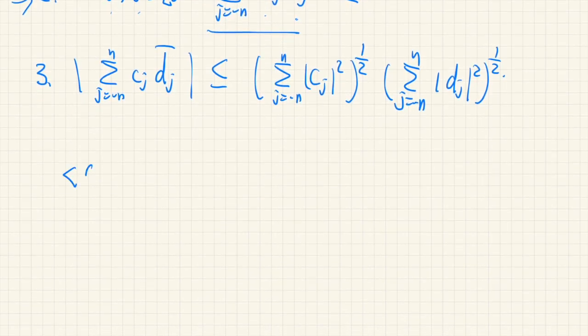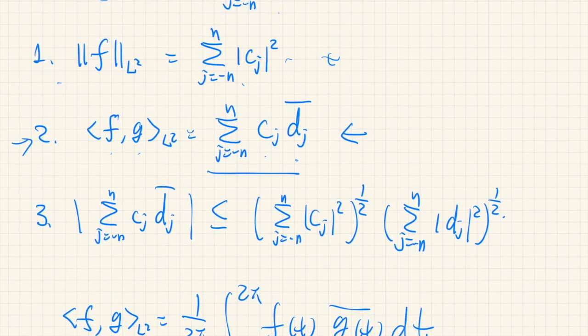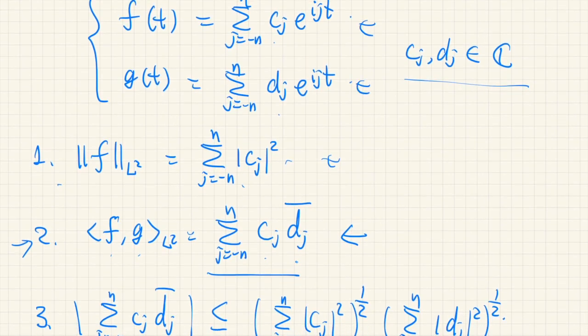Okay, so f times g. According to the definition of the inner product, we have the integral of f of t times g of t bar dt. And here by assumption f is this and g is this.